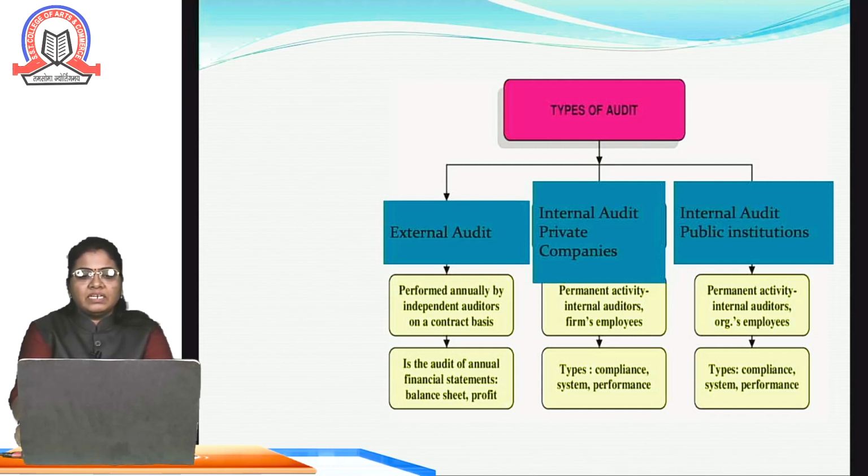It is the audit of annual financial statements, balance sheet and profit. So this audit happens externally, outside the organization, after the submission of the format provided by the auditors, with the details from the company. It was done by the auditors without visiting the organization.